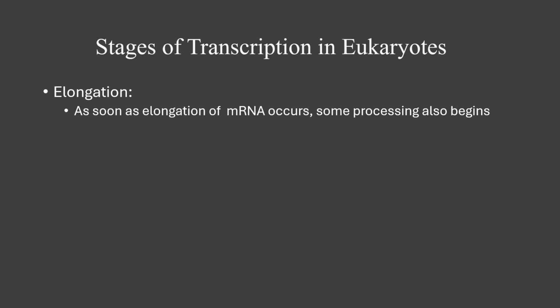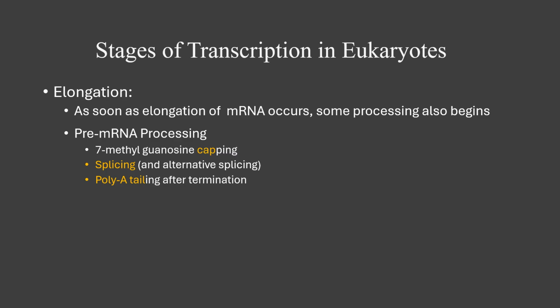So elongation then happens. You make your mRNA strand, and as that happens, some of the processing that I mentioned earlier begins. The molecule is shortened, caps and a tail are added. So we can talk about that here for the next few slides. Specifically, the pre-mRNA processing involves the addition on the 5' side of the mRNA molecule of a 7-methylguanosine cap.